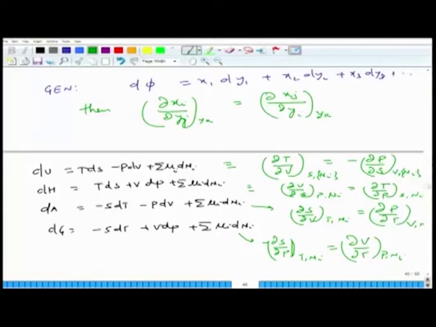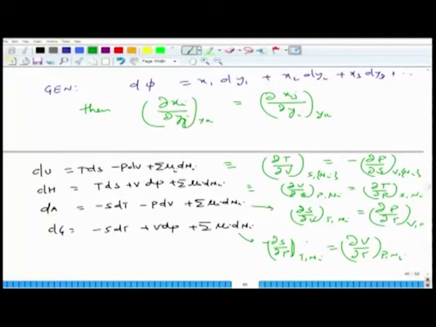These two terms are quite important. If you look at the last two Maxwell relations, they relate the entropy to the PVT data, and PVT data you can extract from experiment. This is why they become very important expressions for us.